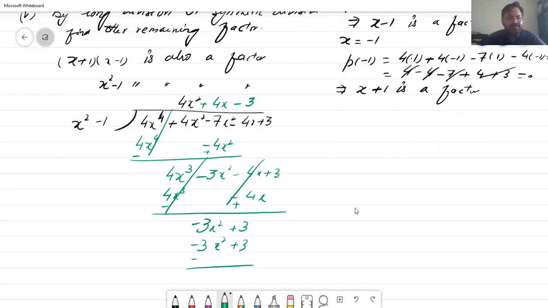As already explained, dividend is always equal to the product of divisor and quotient. You have to memorize this relation.